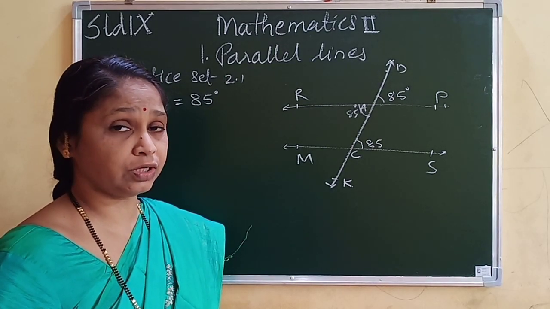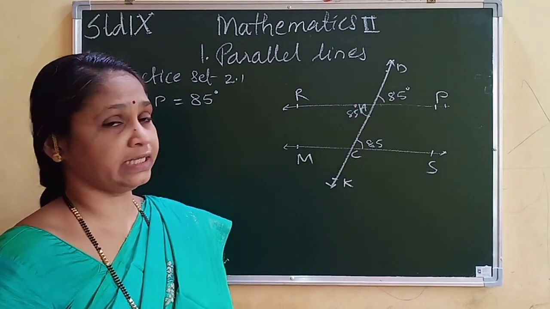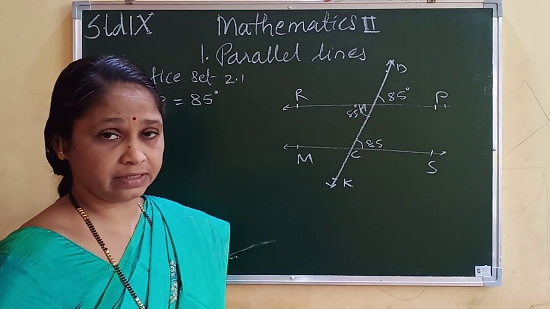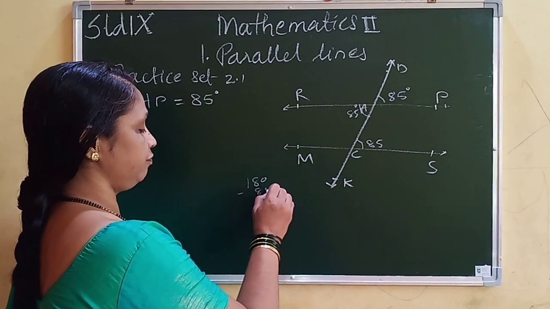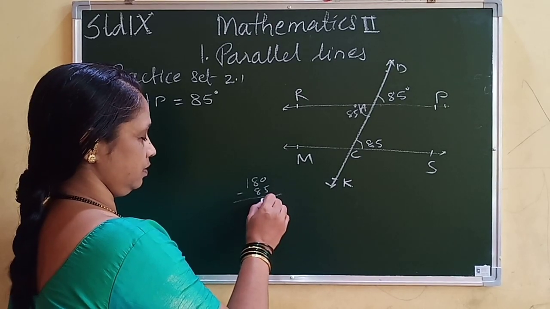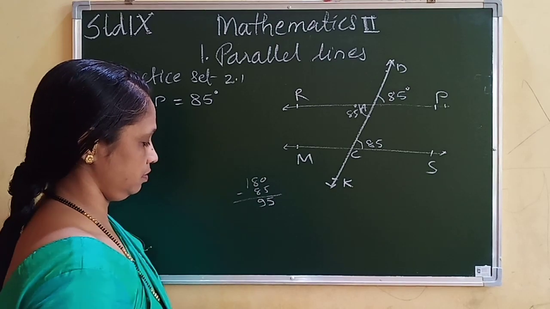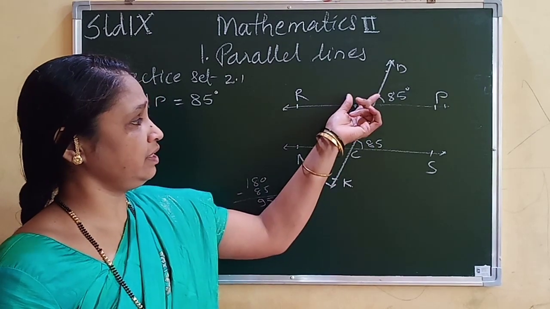So their sum is equal to 180 degrees. So we can do this: 180 minus 85 will be 95. Okay, means this angle will be 95.